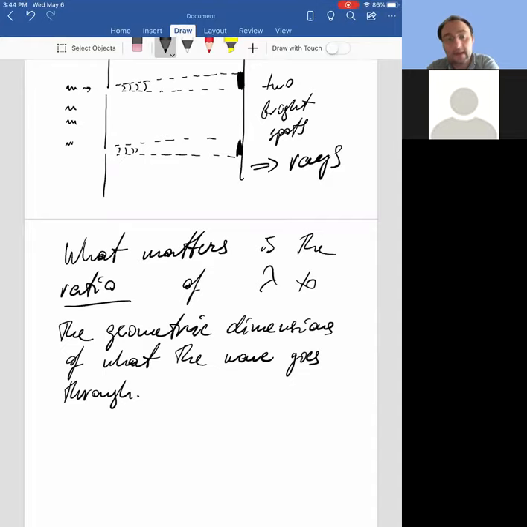If it goes through slits, then what matters is the ratio of wavelength to slit size and wavelength to slit separation. When wavelength is much smaller than either the slit width or the slit separation, the wave aspect is hidden.